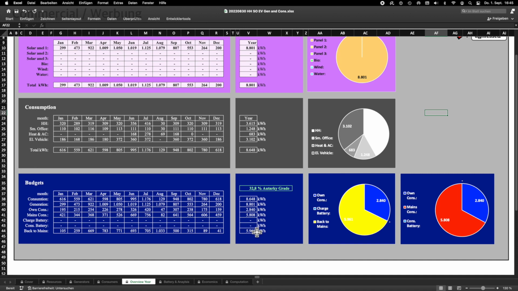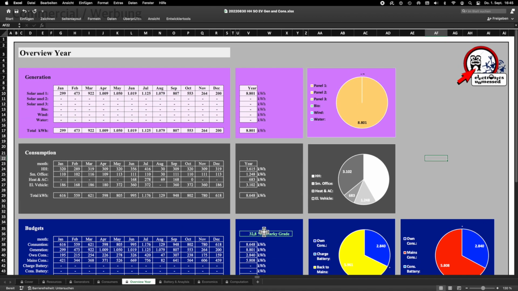The reason is that we consume some energy with the air condition during the hot days, and we can charge our electric vehicle during the day on weekends and in the late afternoon during the week. Our consumption at least is partially synchronized with the generation.